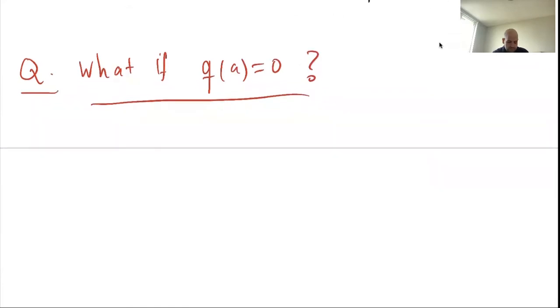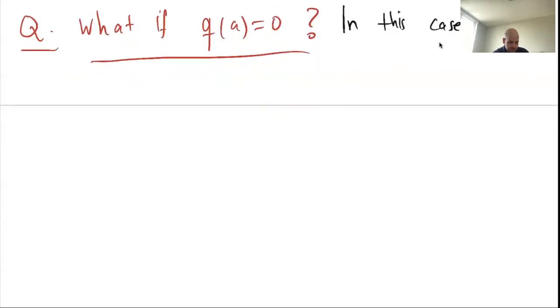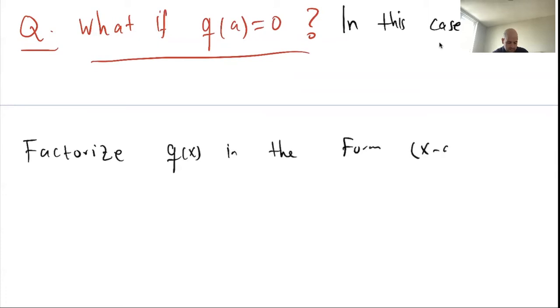So in this case, first factorize Q of x in the form x minus a times another polynomial.